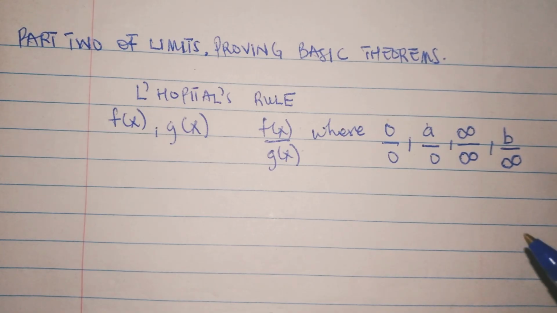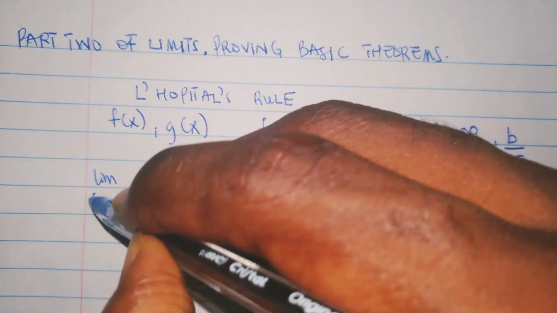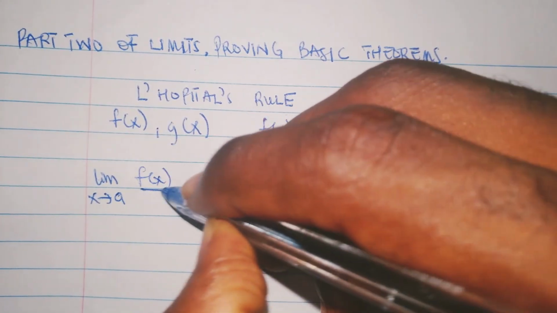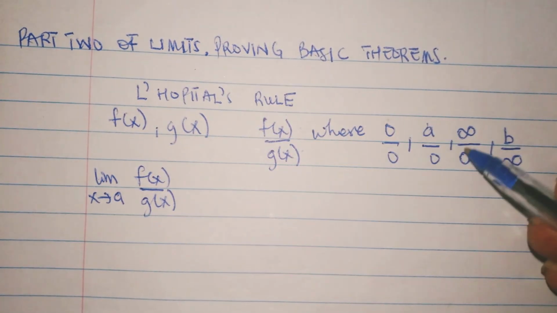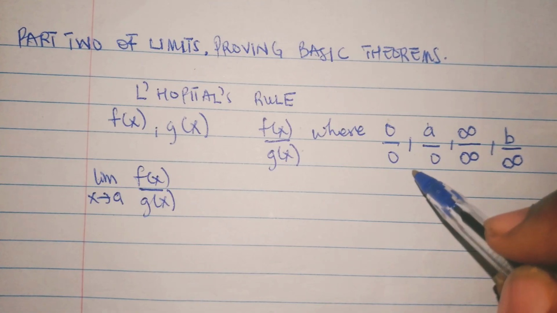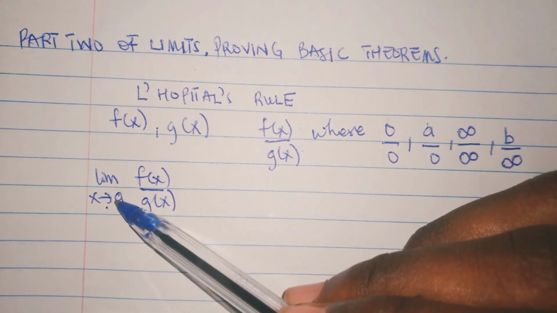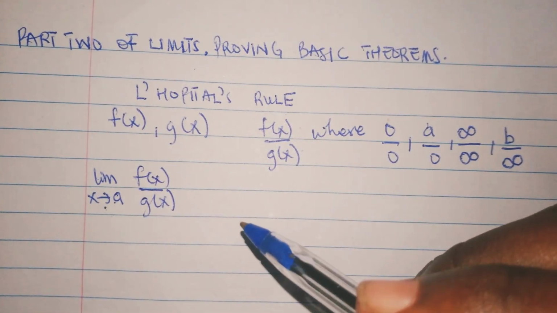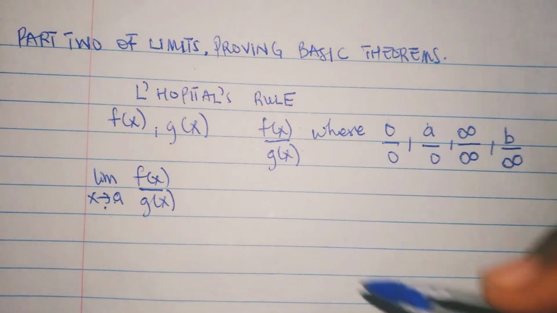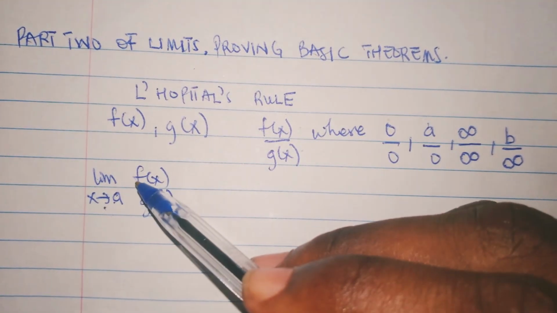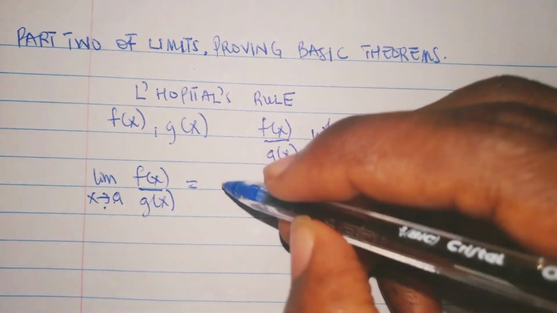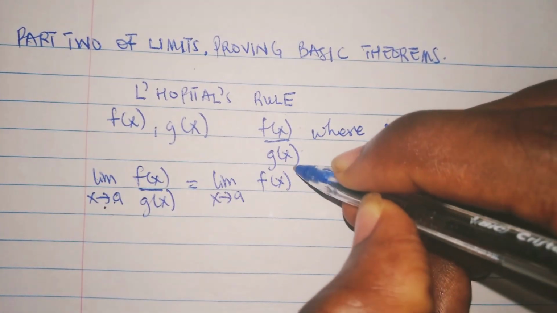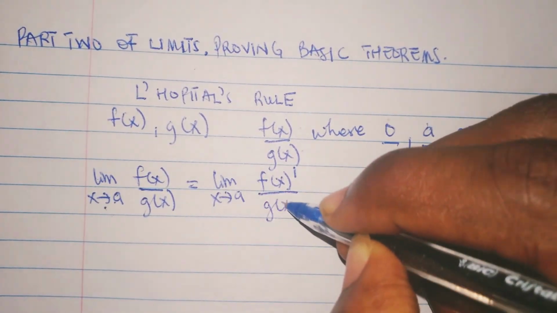It says that if you have the limit as x approaches a of f of x over g of x, and you have these circumstances, then this limit will be equal to the limit as x approaches a of their derivatives, the derivative of f of x over the derivative of g of x.